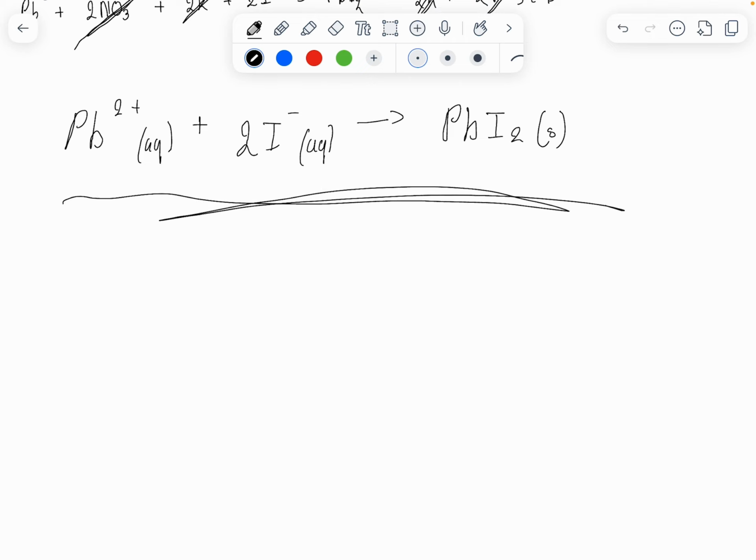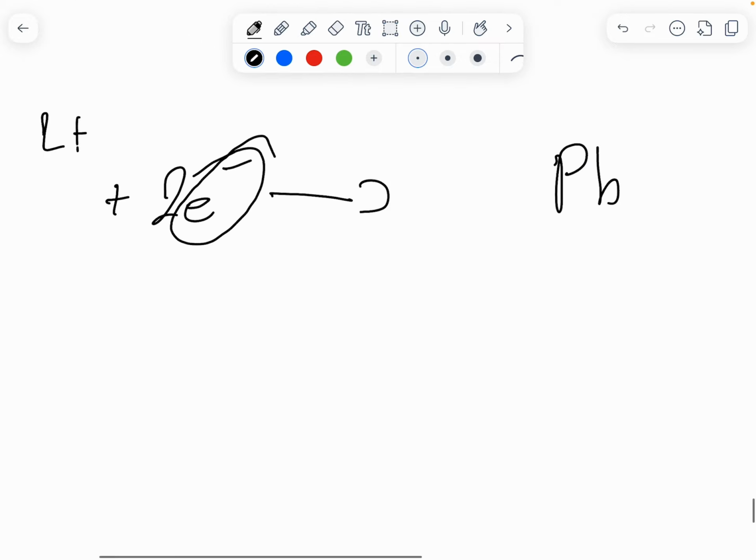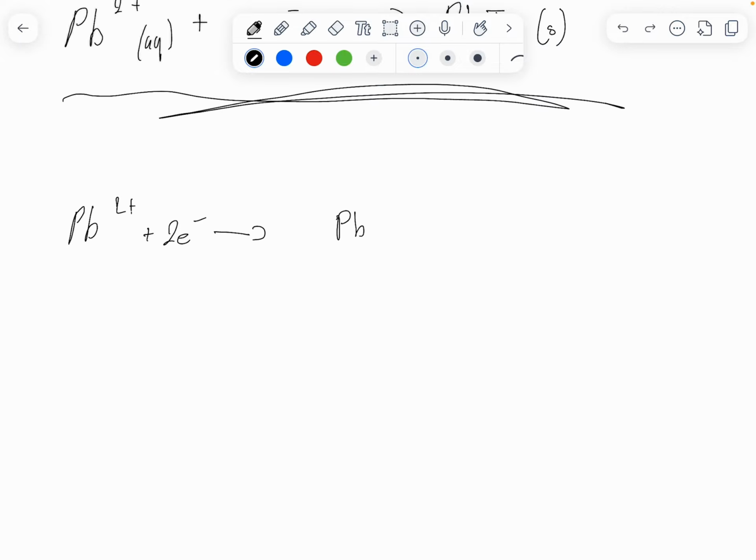So you can also make this into half equations, but you don't need to. For example, we'll just do lead 2 plus gives us lead. So what we have to do is just add 2 electrons to it. Electrons are negative and we need 2 of them, so 2e minus to get the normal form.